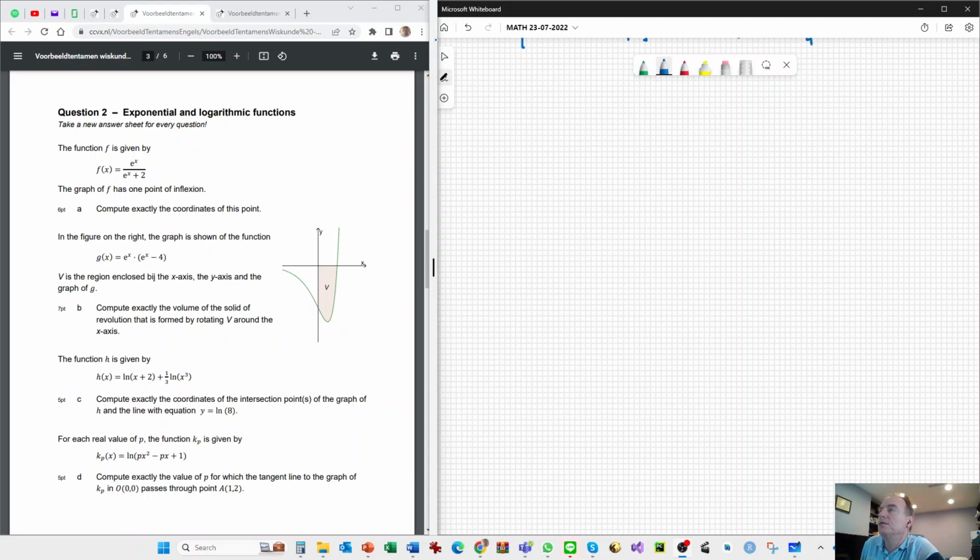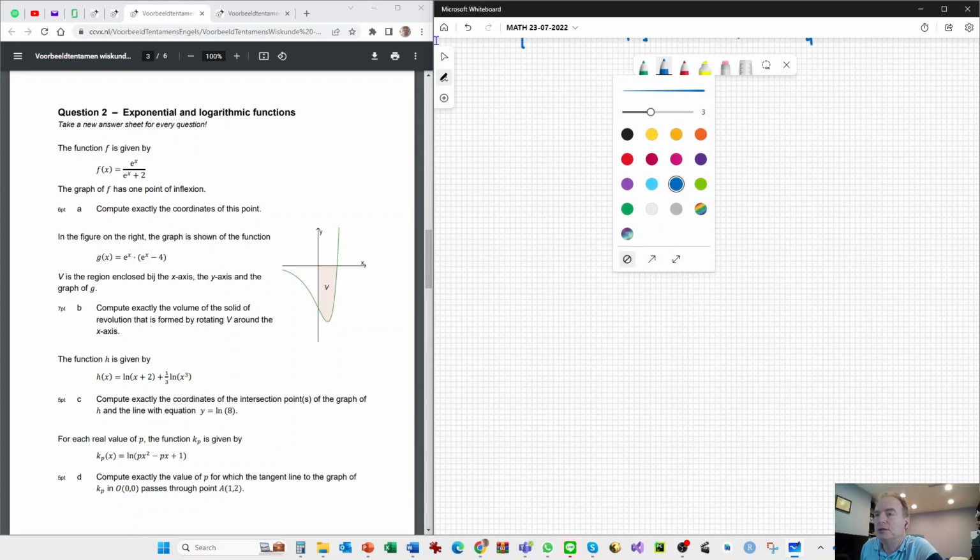To C, there's this function h. Compute exactly the coordinates of the intersection points of the graph of h and the line with the equation y equals log 8.